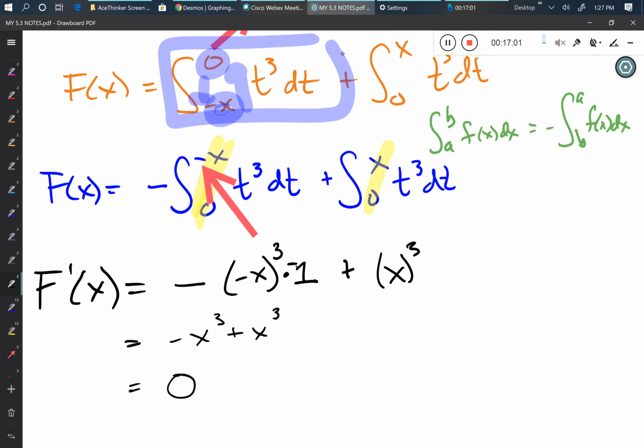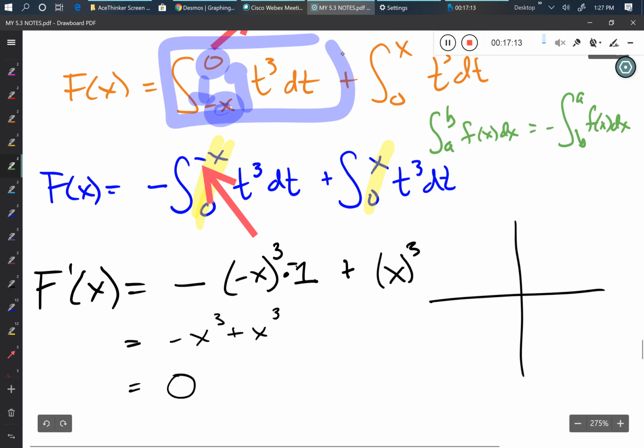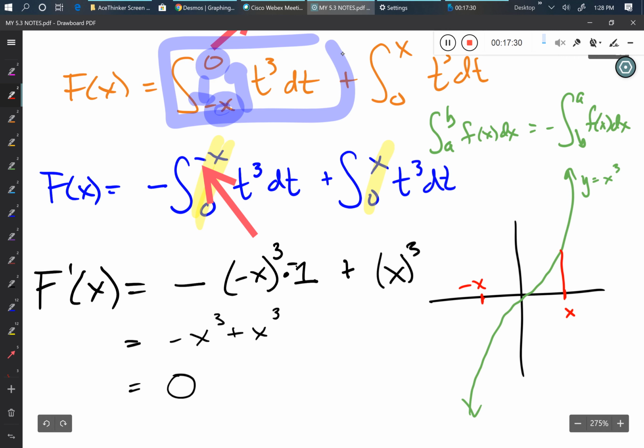That means as x gets bigger, the integral doesn't change size. That doesn't make any sense. Well, let's think about it geometrically. Remember what we learned about integration. The area above is positive.